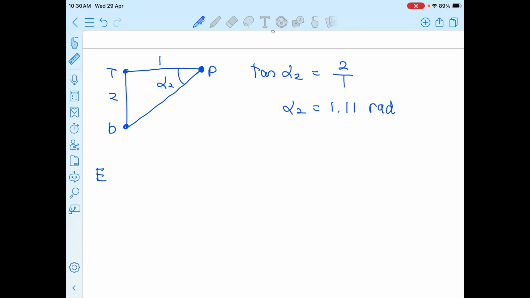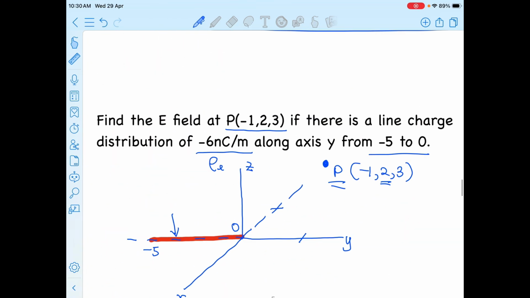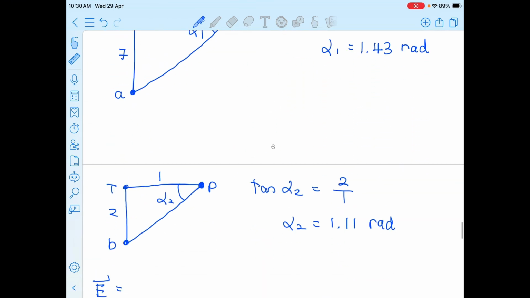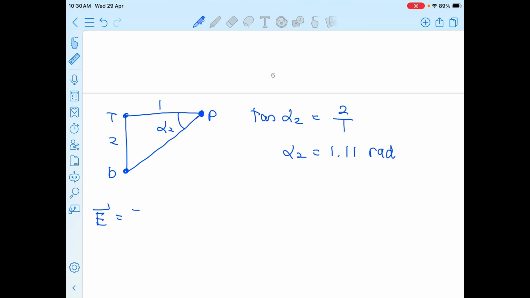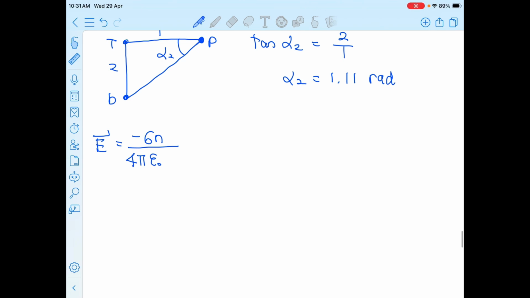And now we replace into the formula. The rho L is negative 6 nanocoulombs, over 4 pi epsilon naught r. We are required to find the value r, which is 1 in this case.